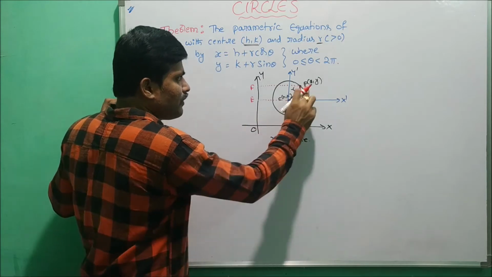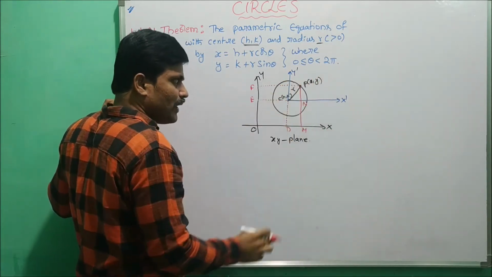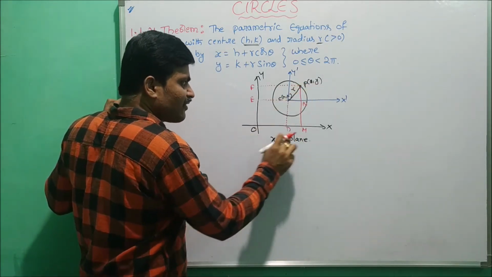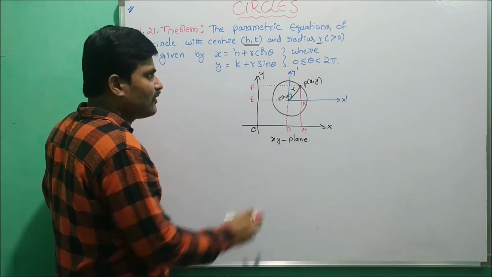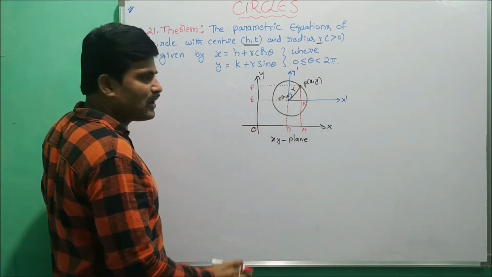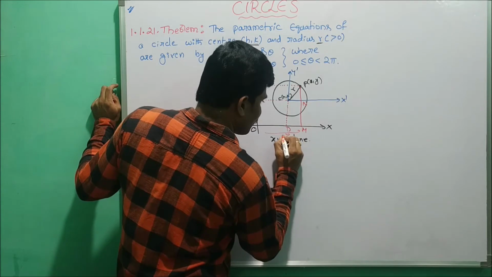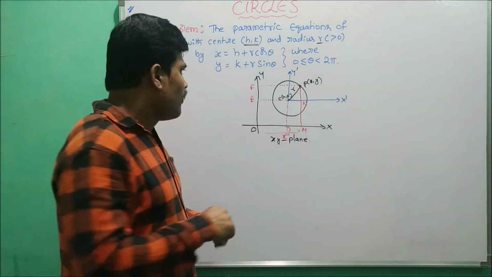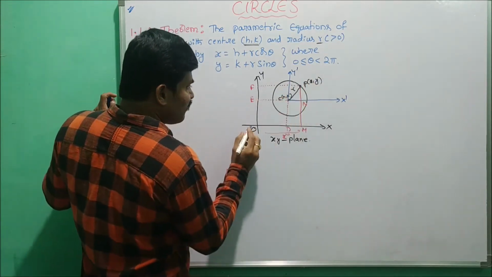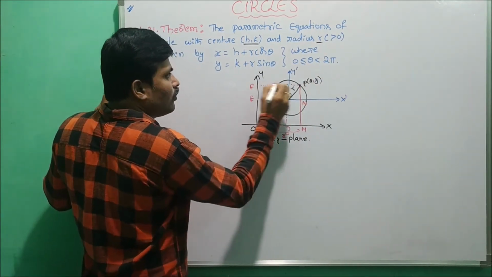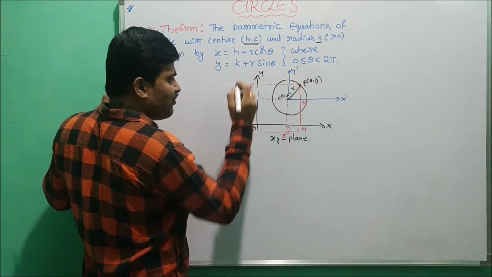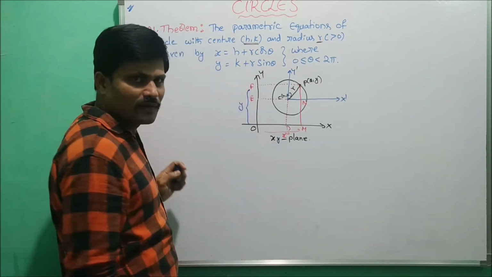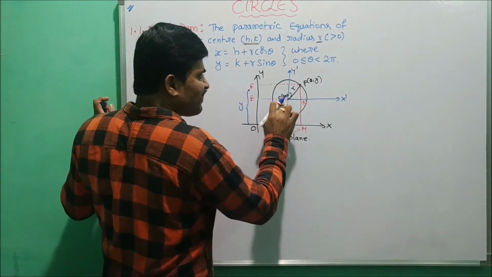Here clearly we observe that P(x, y) is a point on the XY plane. Now in that plane, x is the distance from the origin to the normal line. So this is x. Similarly, y is the distance from the origin to that normal line, that is PF. So this is y. Also this is the center.